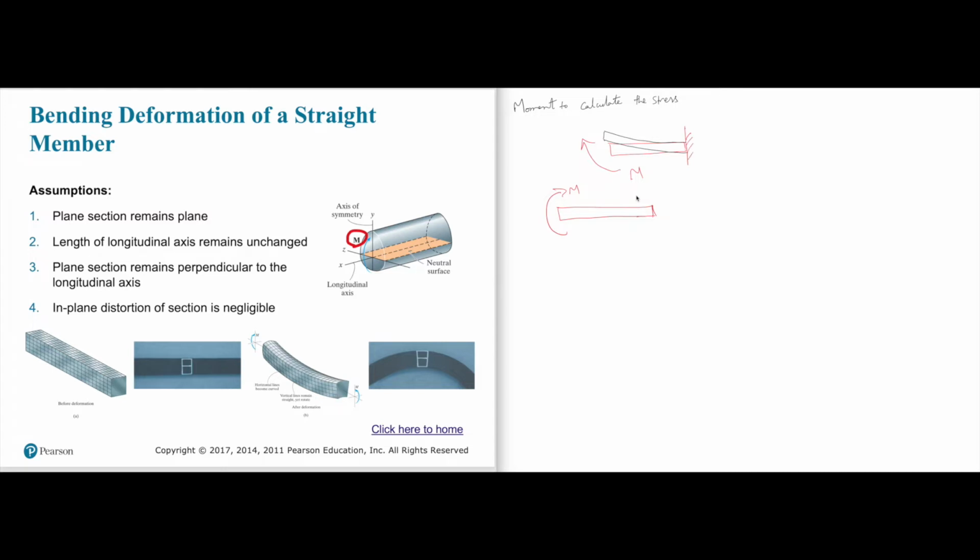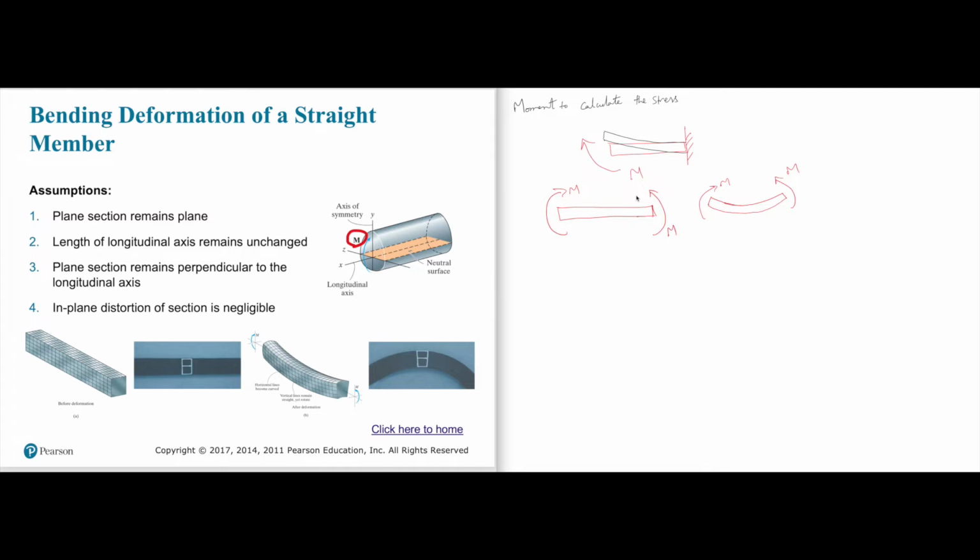The moment reaction is also M. So, due to this effect, the beam would become like that, isn't it? This is how we are bending. So the applied moment is causing bending like this, isn't it?